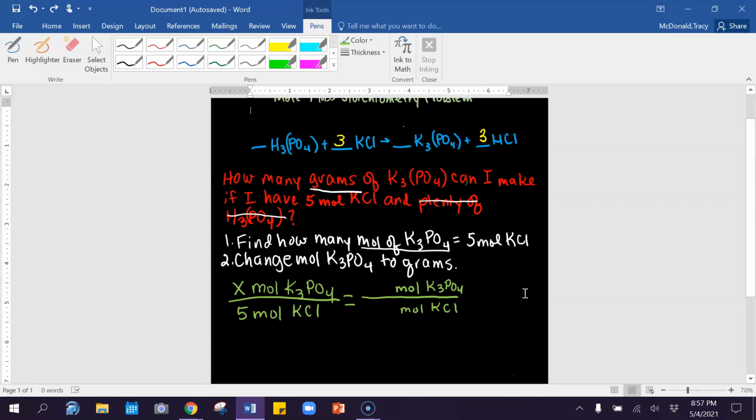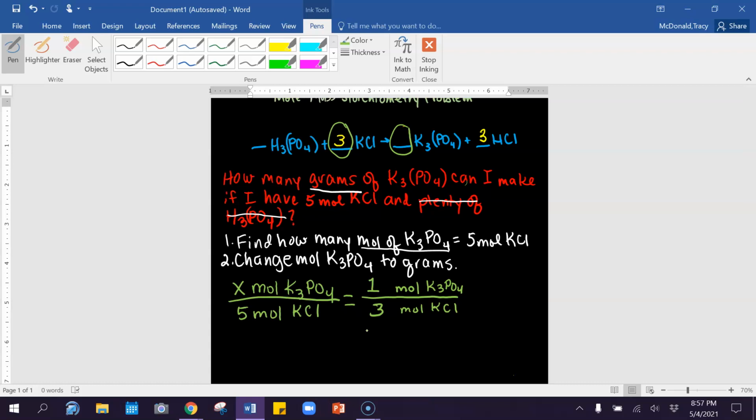We get the numbers from the mole ratio by looking at the coefficient for each compound in our balanced equation. Our coefficient for K3PO4 is 1, because I do not have a number in front of that compound. So I have 1 mole of K3PO4, and in front of KCl, I have the number 3. So I'm going to write my number 3 there.